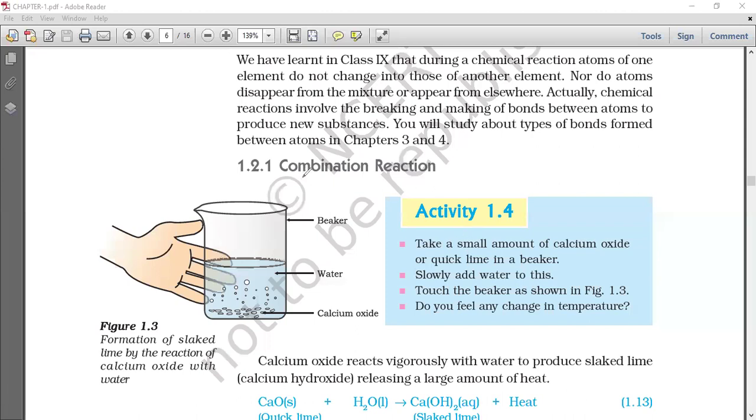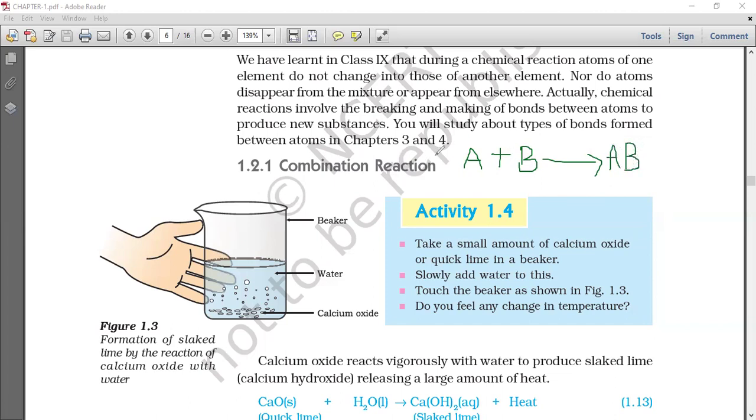First, note it down in your books. I will use alphabets to help you understand this chemical reaction. One is A plus B gives rise to AB.